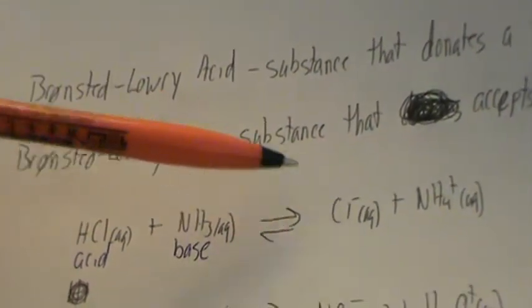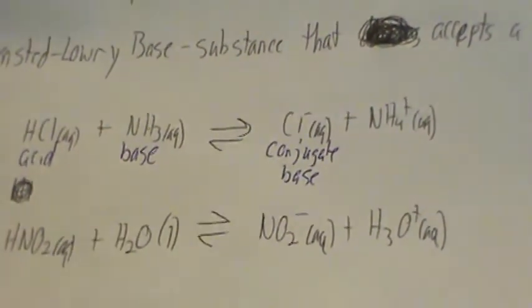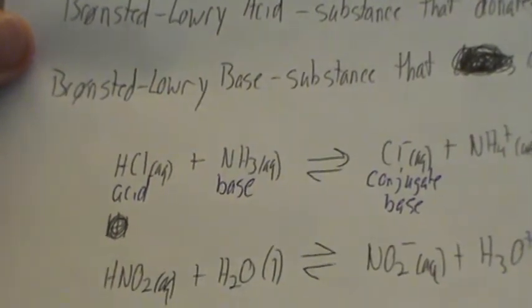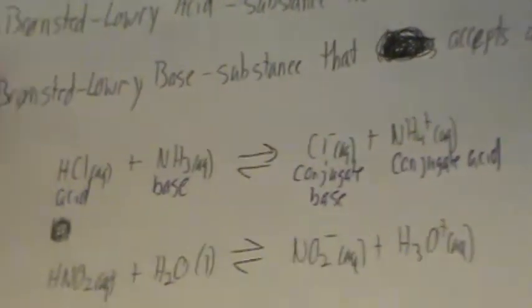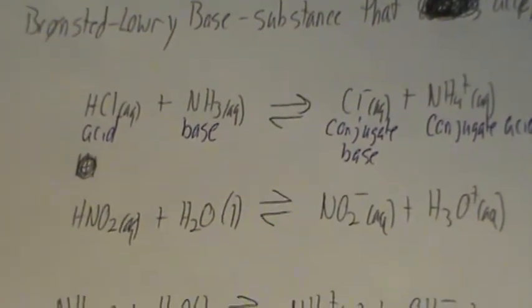That's telling me that the chloride ion is going to be the conjugate base. Ammonia, NH3, was the base over on the left-hand side, so ammonium is going to be the conjugate acid. So the conjugates are the exact opposites of what they were on the left-hand side.